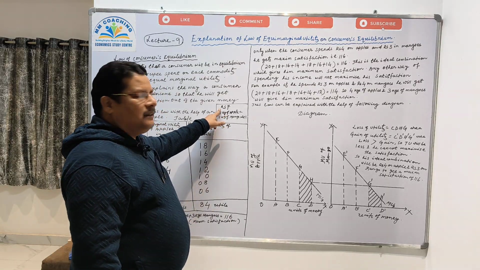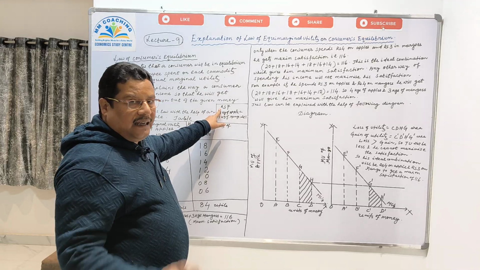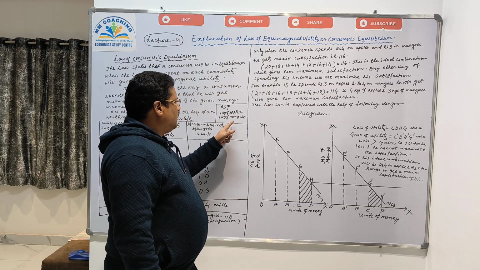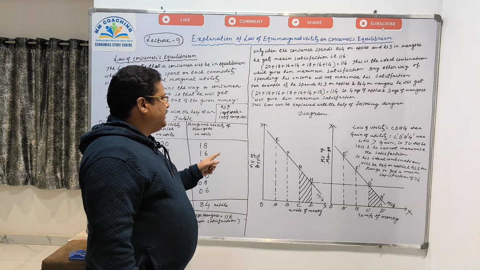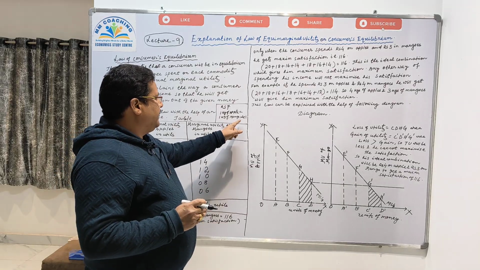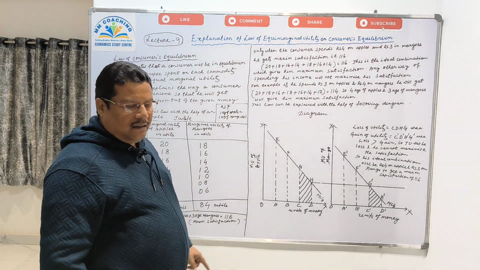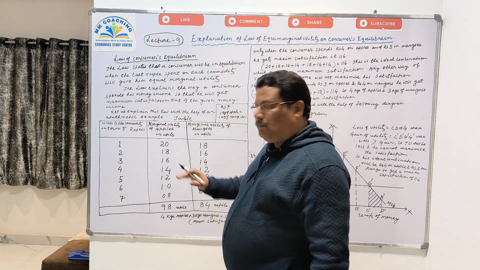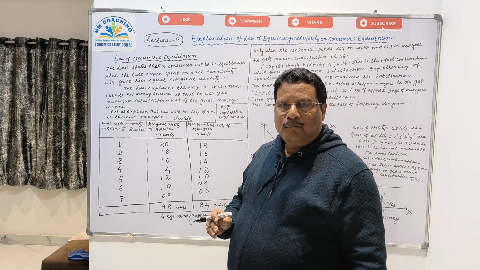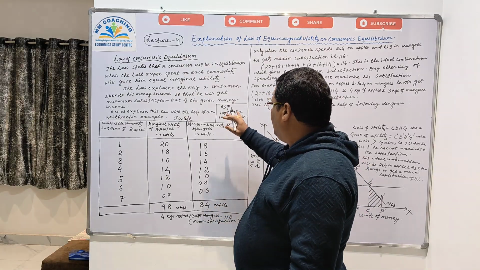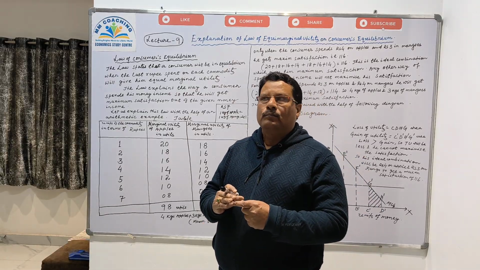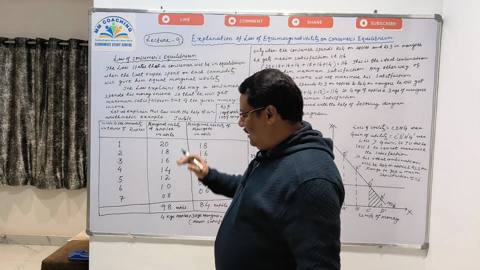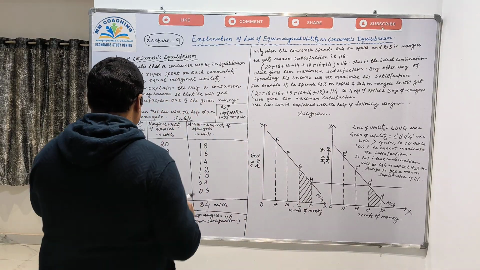The consumer has ₹7 at his disposal. Price of apple and mango per kg each is ₹1. So now we shall see with the help of an arithmetic table how he spends his 7 rupees to maximize his satisfaction. So here you can very well see the table.